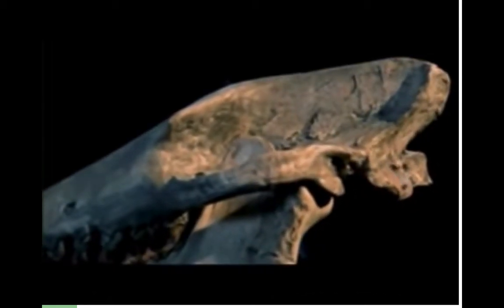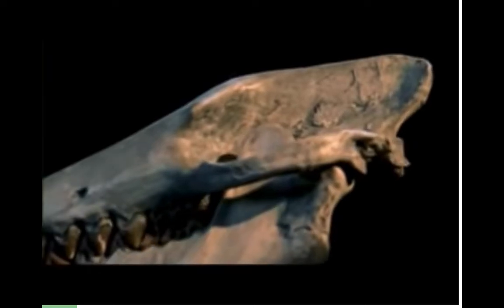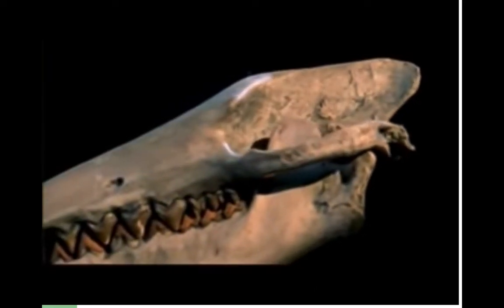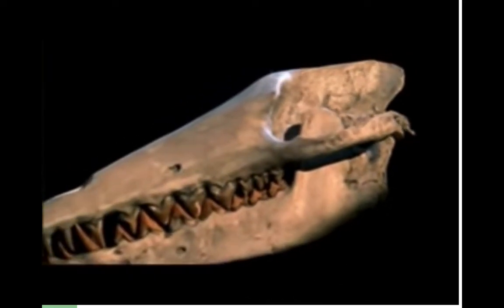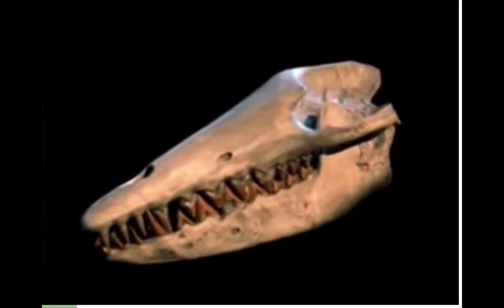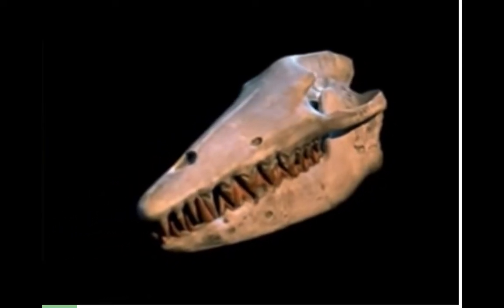Gingrich was intrigued, so he constructed a model of what the creature's full skull might have looked like. He wondered, was his find a crucial missing link? The first fossil evidence ever found for one of Darwin's most daring claims, that whales had evolved from land mammals.